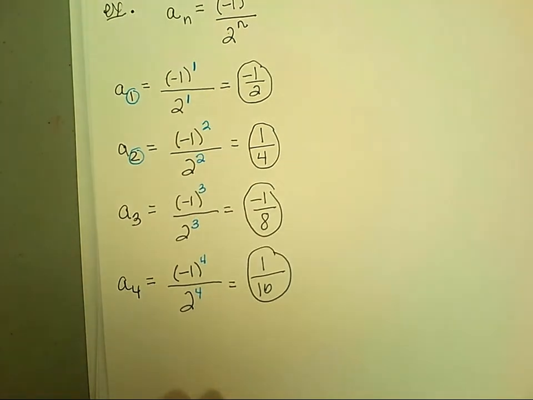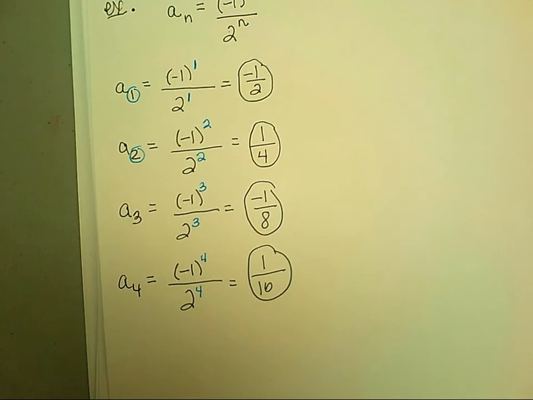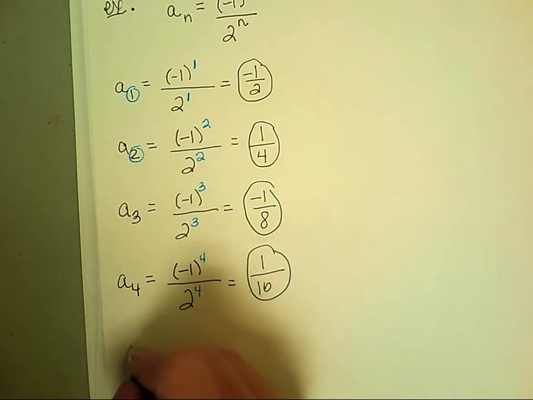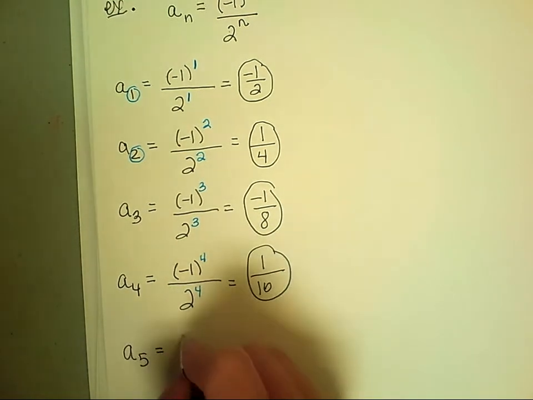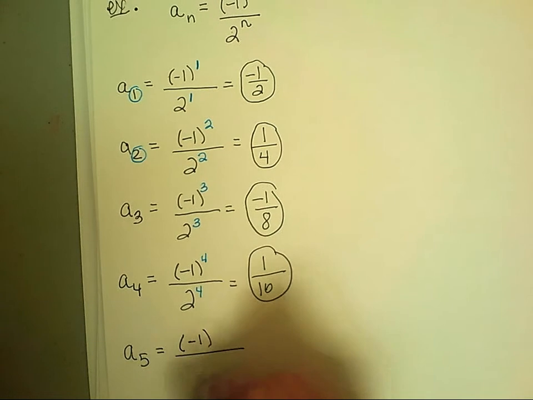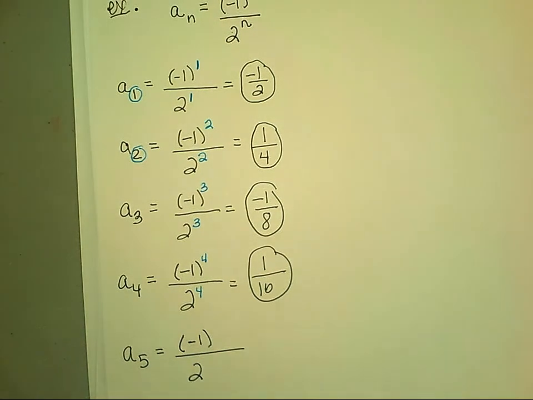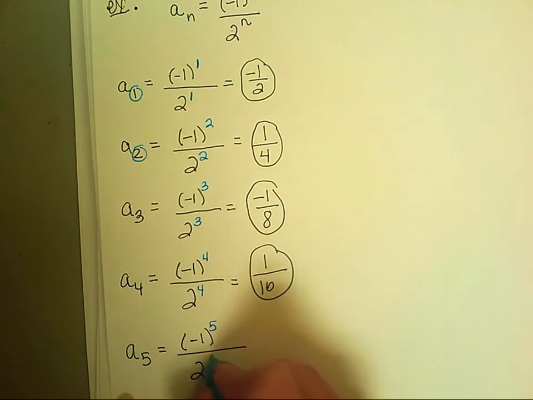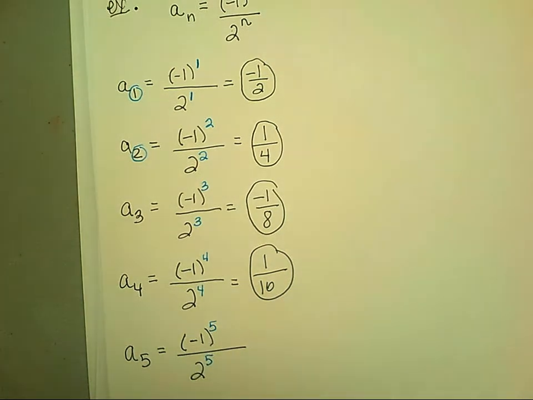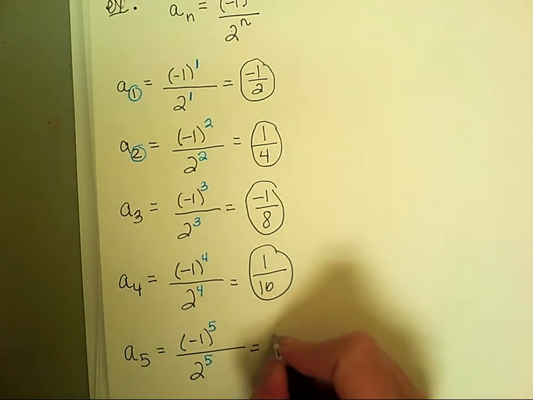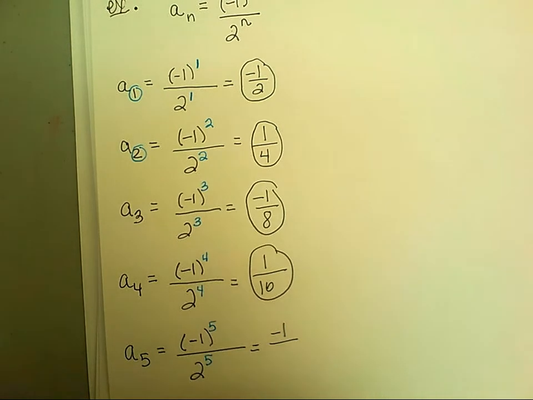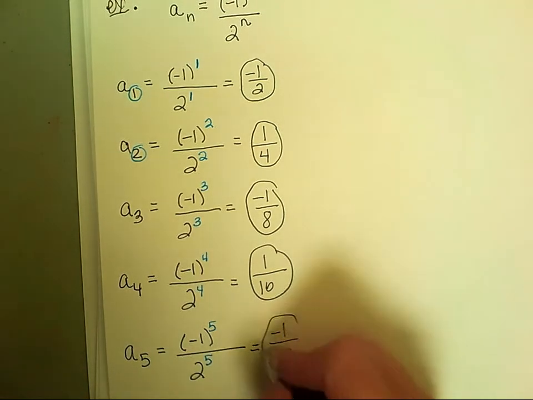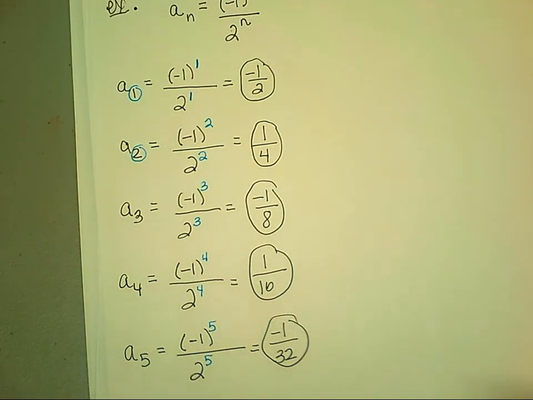This is a sub 4. A sub 5, the 5th term, is negative 1 to the 5th over 2 to the 5th. Negative 1 to the 5th is negative 1 over 2 to the 5th, which is 32. These are the first 5 terms.